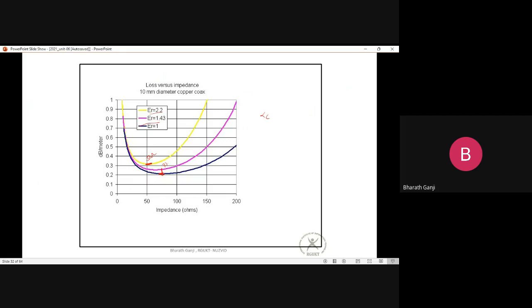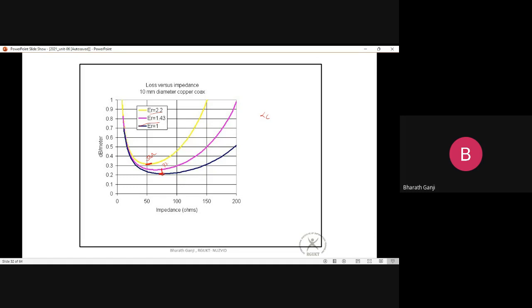So I can say the 50 ohm is a kind of industrial standard which is commonly used for all kinds of circuits. Whenever you design an antenna, a microstrip antenna, or any kind of RF circuit, for example an amplifier, your amplifier is designed for an input impedance of 50 ohms and an output impedance of 50 ohms.